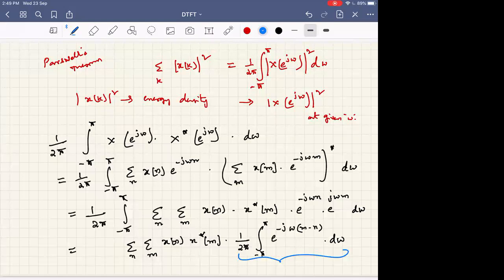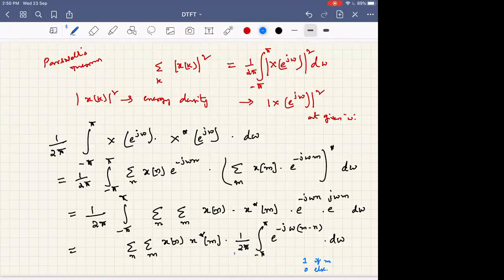The integration part will give 2 pi, and after cancelling the 1 by 2 pi, it becomes completely 1 if m equals n, and 0 otherwise. Correct? That's what you told.